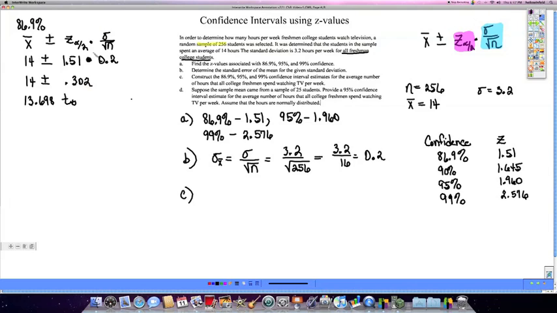And now we add the 0.302 to 14. 14.302. And that is our confidence interval, the 86.9% confidence interval for this scenario.